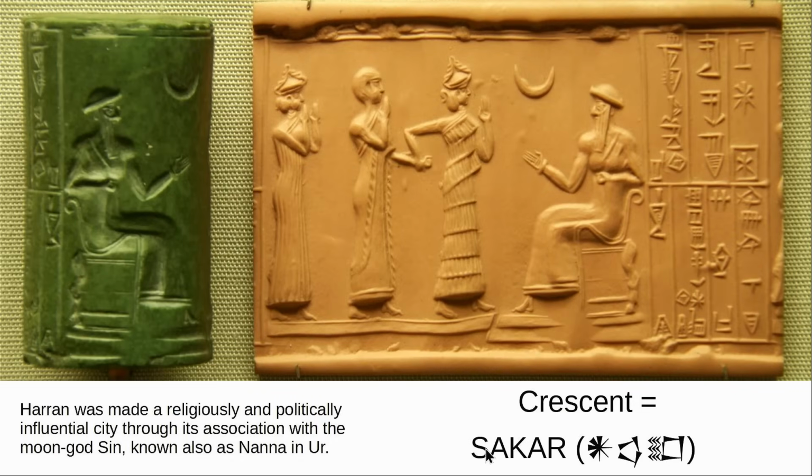His symbol is a crescent. It's called Sakar. You can see the Babylonian cuneiform writing here to express it. And we see Sin very, very often represented with this horizontal crescent moon.